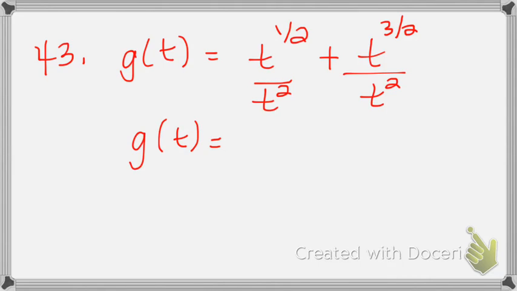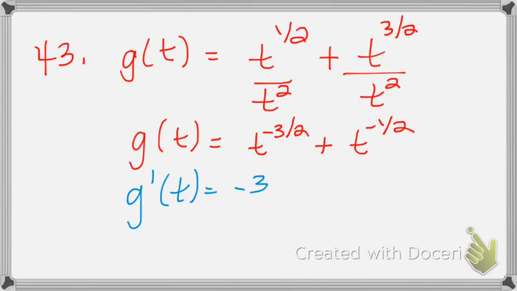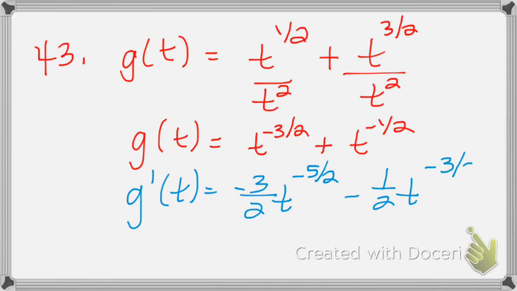So subtract those exponents. So 1/2 minus 2 is negative 3/2. 3/2 minus 2 is negative 1/2. Then I find the derivative finally, and I get negative 3/2 t to the negative 5/2 because it's subtracting 1, minus 1/2 t to the negative 3/2.